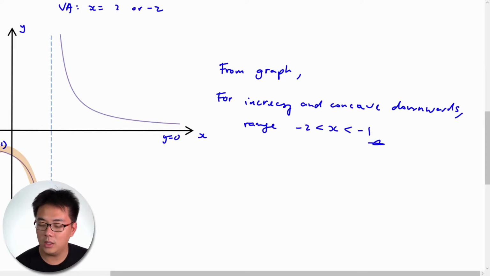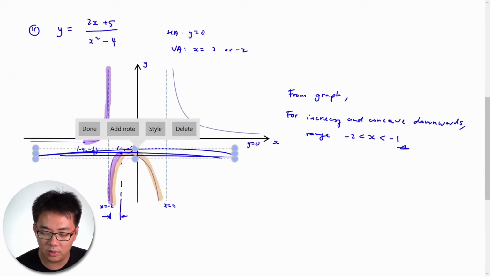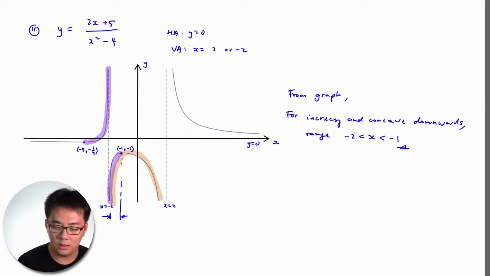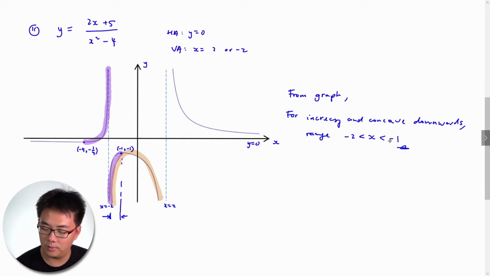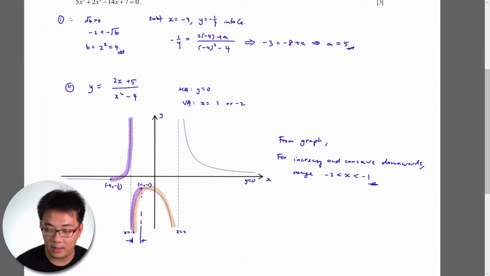Okay, it shouldn't equal to -1 because -1 is not really increasing or decreasing. It's a stationary value. So you shouldn't include the -1 there. Okay, so that's how you do it for part 2. I think part 2 is pretty okay.